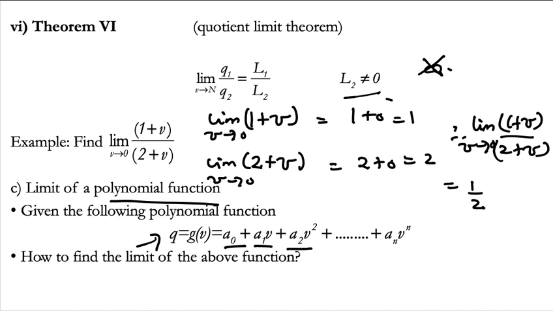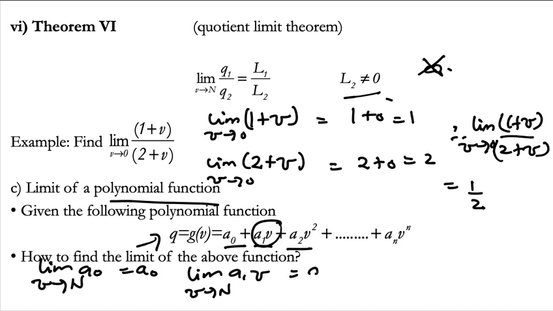We know that the limit of a naught as v approaches n is a naught, not n, because a naught itself is a constant. If we look at the second one, the limit of a1v as v approaches n is a1n, if I simplify it. And the limit of a2v squared as v approaches n is a2n squared.